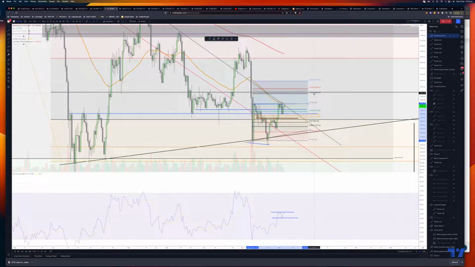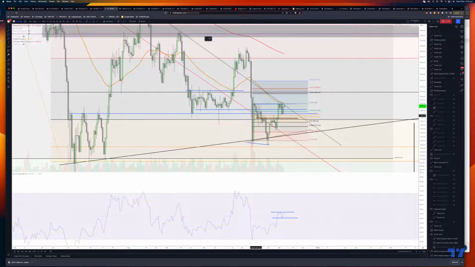So the next target is 1357. If you do break above this, I would go for that. Previous bottom. This is our point of control actually. So if you look at this, that was our range. So that was a reversal structure.